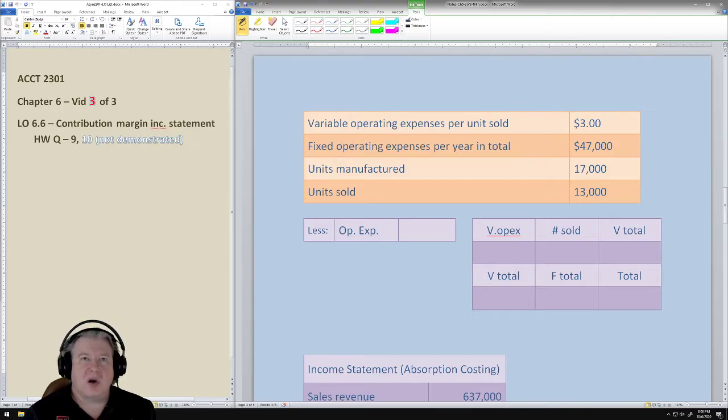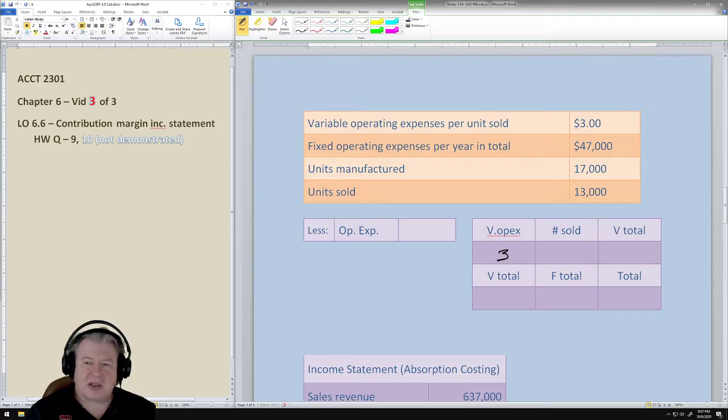In other words, if you're running more shifts of employees because you're producing more, you may end up having more utilities or something like that. So remember, fixed versus variable is based upon one increases or decreases according to the number of units sold, and one does not.